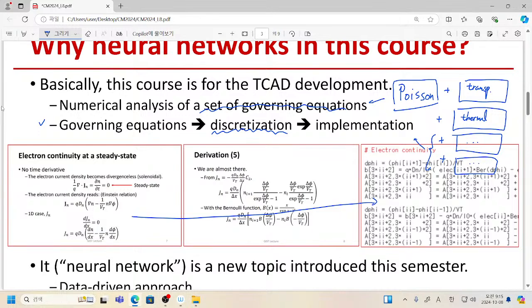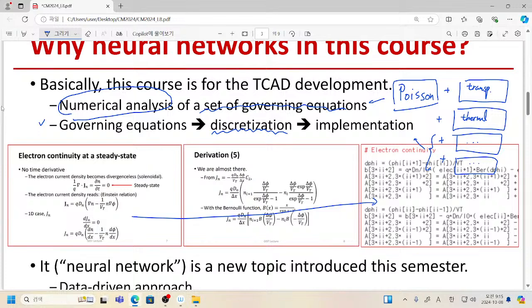Although your ultimate goal is numerical analysis, brute force implementation usually does not work, because in many cases governing equations are highly nonlinear, so it is very difficult to have a stable solution. That's the reason why we have specialized techniques to implement this in the code.